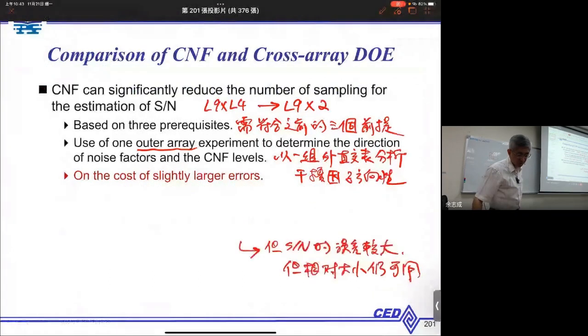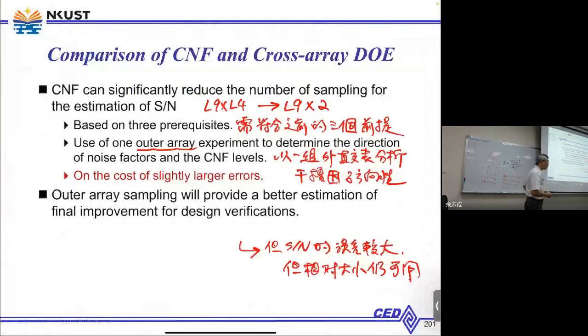The last one is, if you are talking about accuracy, the outer array still has some advantage. The outer array will give a better estimation of the SN ratio. However, if you have some constraint on cost, it is still good to use compound noise factors.